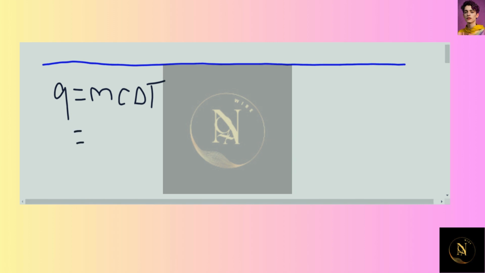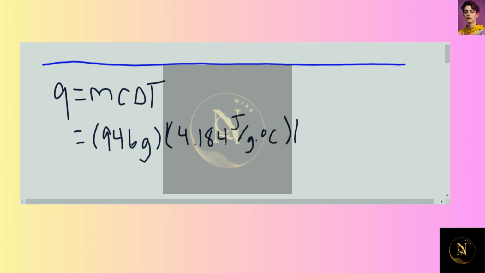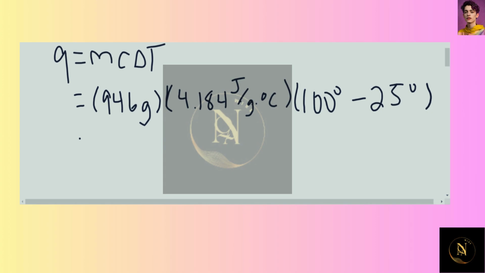So we'll use the mass that we just found, which was 946 grams, multiplied by our heat capacity, which is 4.184, since this is in solution, joules per gram degrees Celsius, and multiplied by our change in temperature. So that's 100 degrees Celsius minus 25 degrees Celsius. That yields us a heat of 2.97 times 10 to the 5th joules.